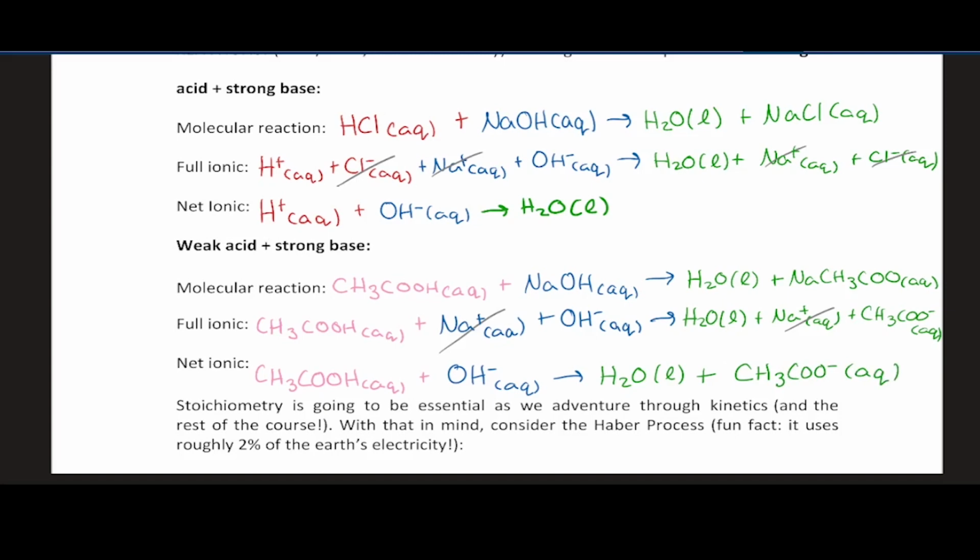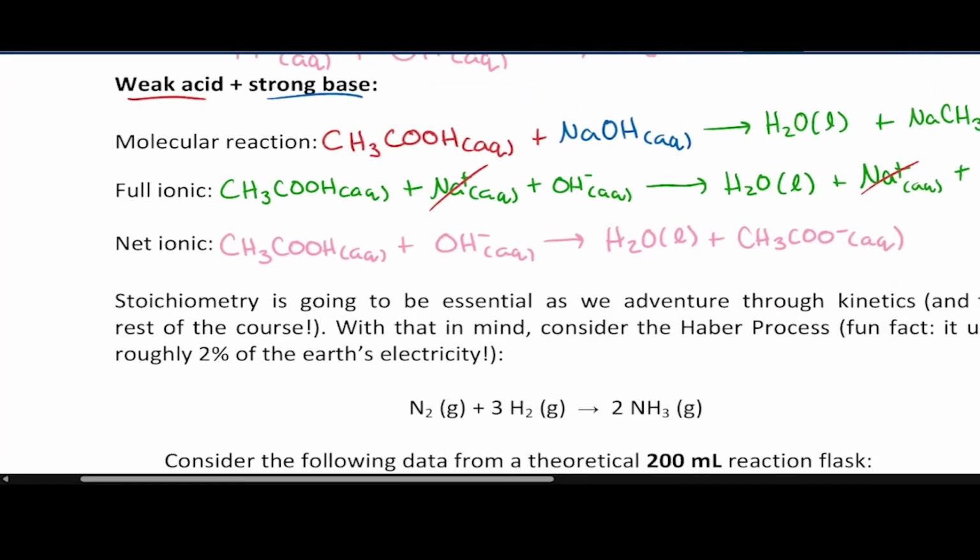So we can see how these two differ for a strong acid and a strong base versus a weak acid and a strong base. In this course, it is really important to be able to identify strong versus weak acids and bases. Enough of that, let's move on.